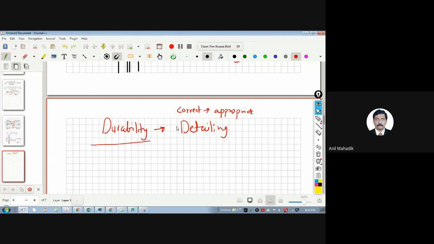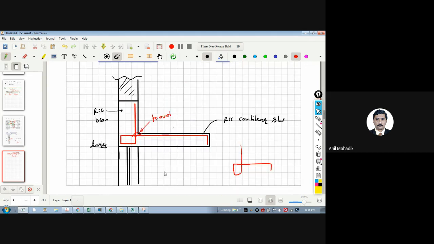So in durability, first criteria is the detailing, second criteria is the cover to the reinforcement, then plaster, painting. Plaster and painting is a non-structural item, but still it is important. Cover is a structural part because we provide the cover to the slab, beam, columns, and so on. Different covers are there. And detailing is also part of the reinforcement, so it is a structural part. So these two parts are in our hand actually. So we should do the correct detailing. And these are some examples of those detailing.